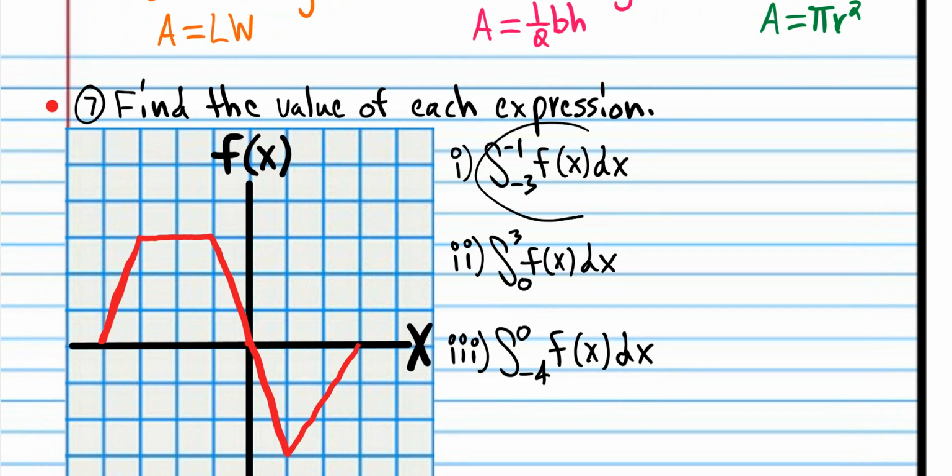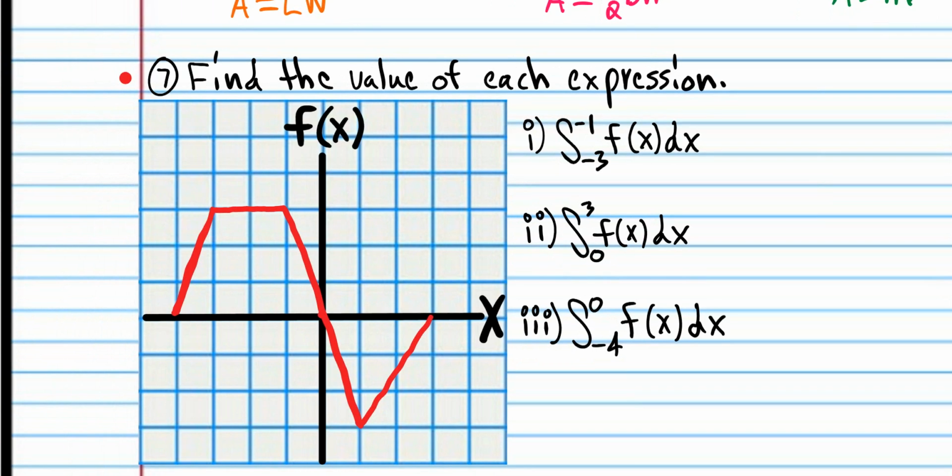This is asking for the area between the x-axis and the graph of f of x between -3 and -1. So -3 and -1, that would be this yellow area here. We're going from left to right, -3 to -1.